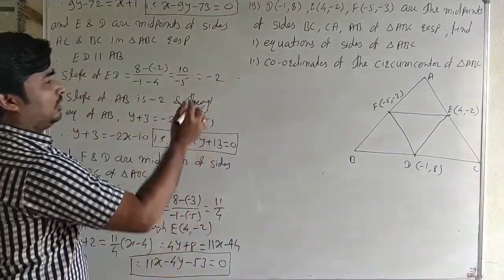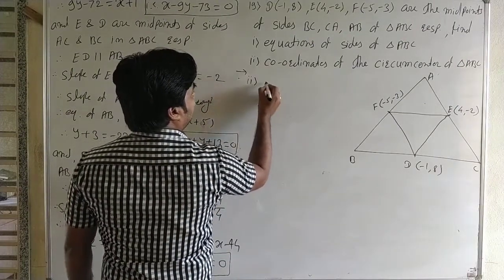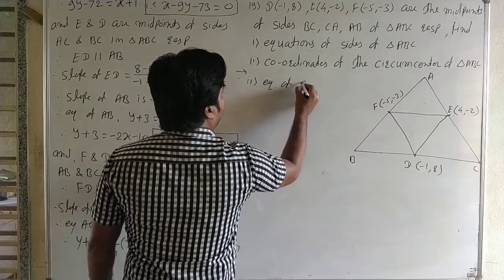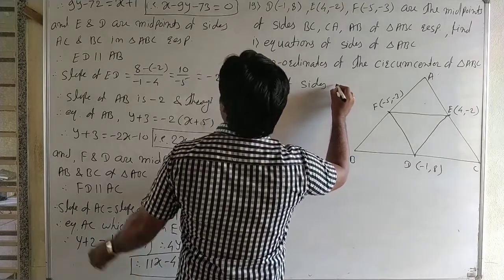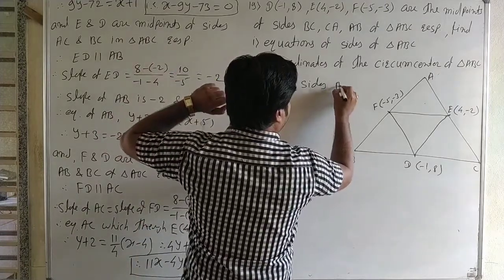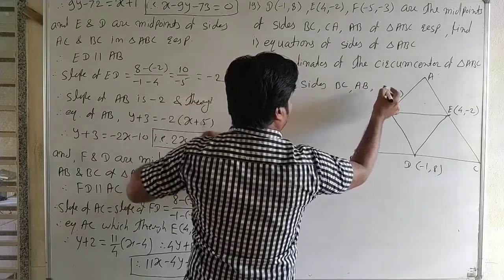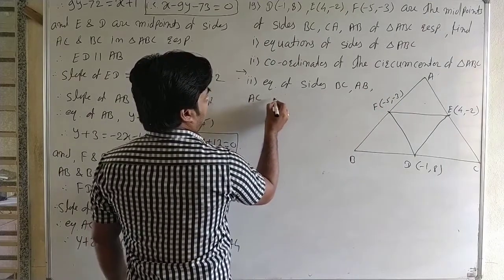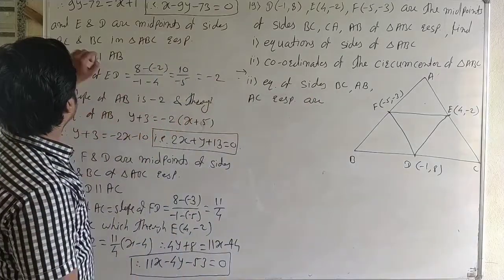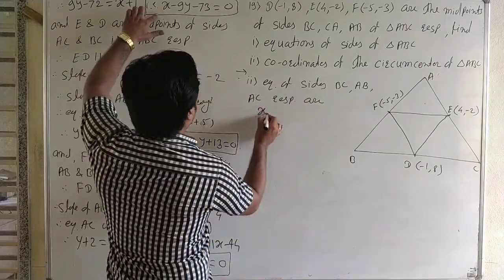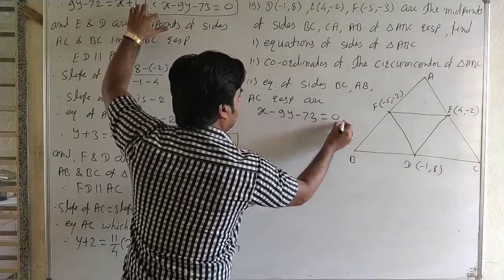Here, for the second example, we can write the equations of all sides. The equations of sides BC, AB, and AC respectively are: equation of BC, x minus 9y minus 73 is equal to 0.